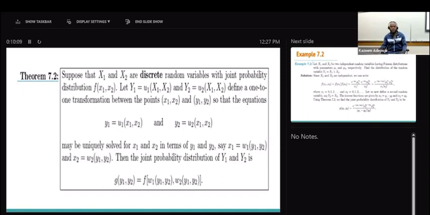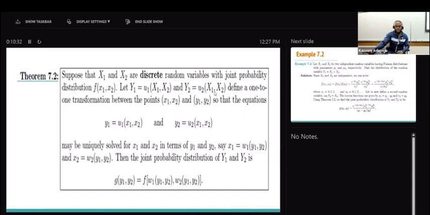Of course, I'm also going to find the inverse function, except that I'm going to find my inverse function in two ways. For instance, if y1 is a function of x1 and x2, and y2 is a function of x1 and x2 as well, then I need to find an inverse function.